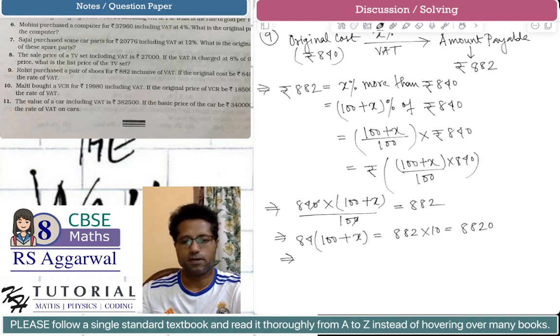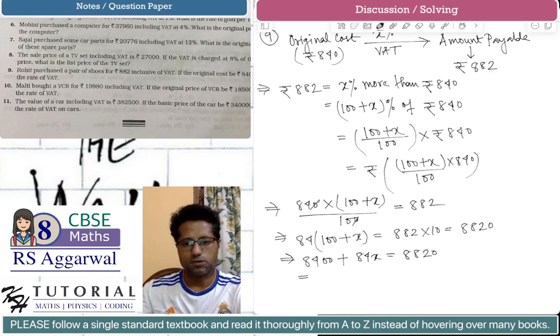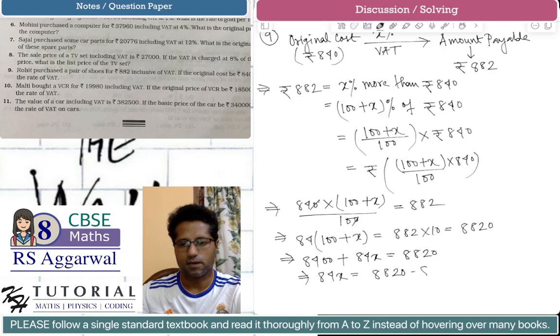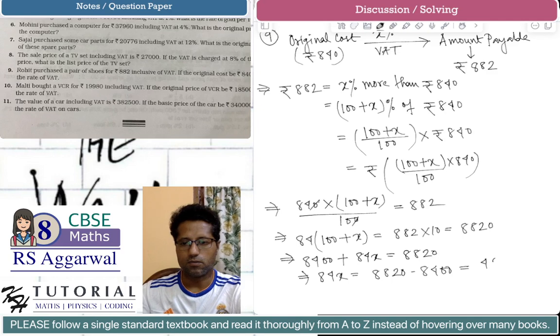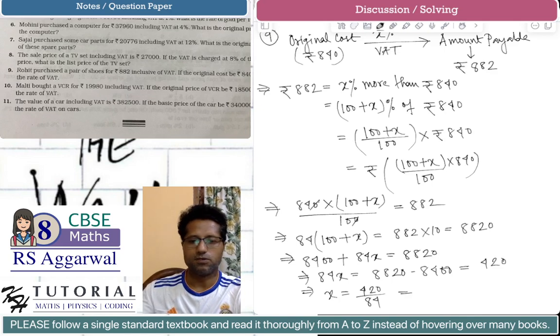Simplifying the left hand side, we get 8400 plus 84x is equal to 8820. So this implies 84x is equal to 8820 minus 8400, which is equal to 420. So this implies x is equal to 420 divided by 84, which is equal to 5.